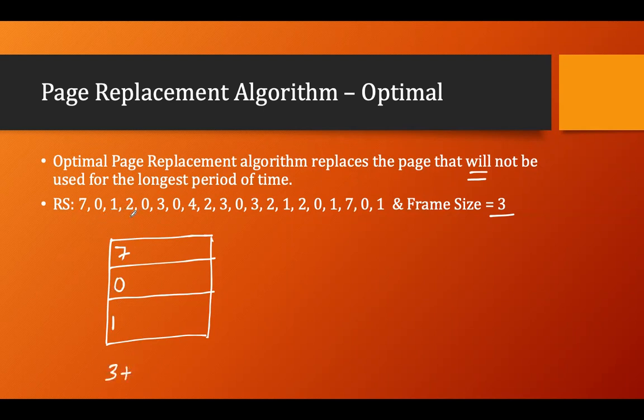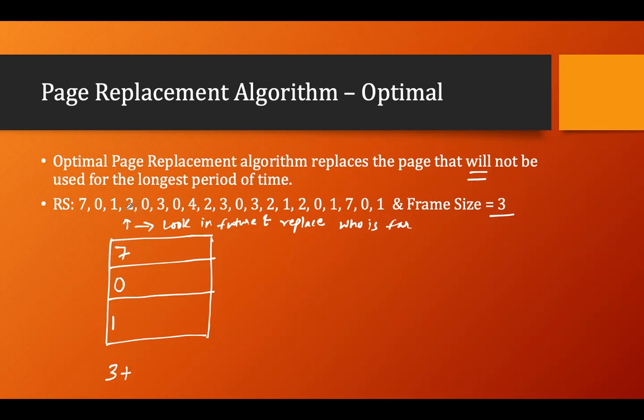Now 2, right? When we are at 2, what do we have to look for in the future? We have to look in the future and replace the one that is farthest.